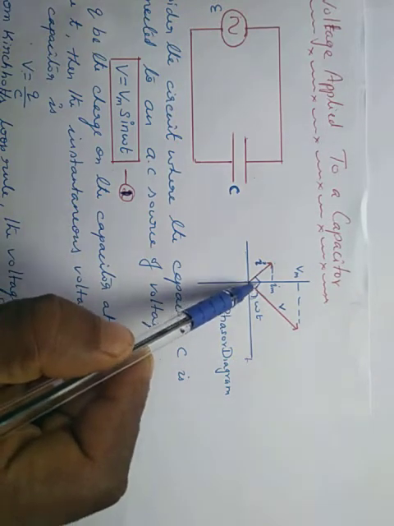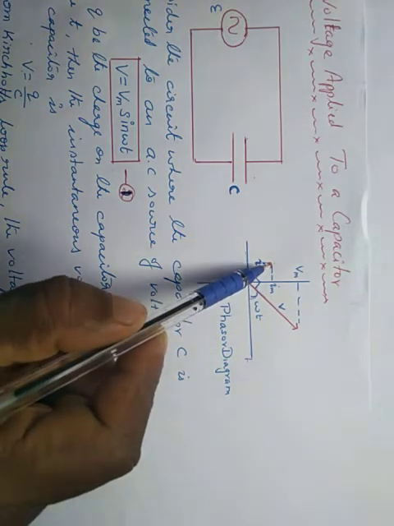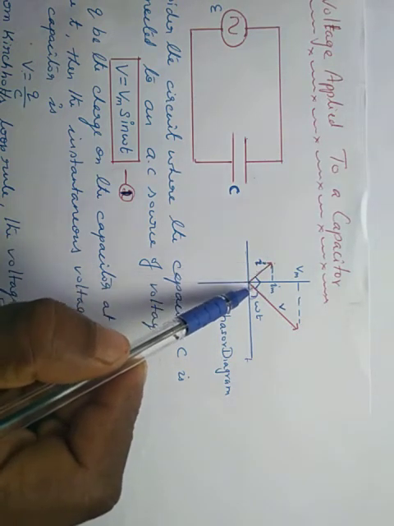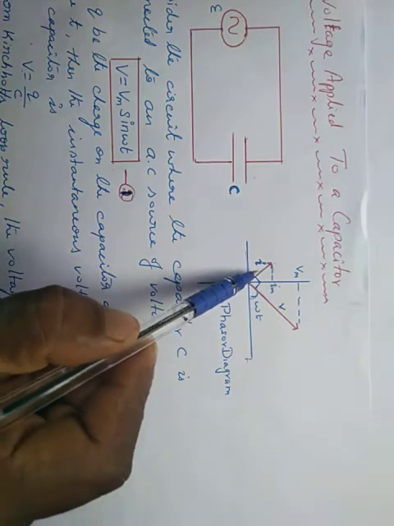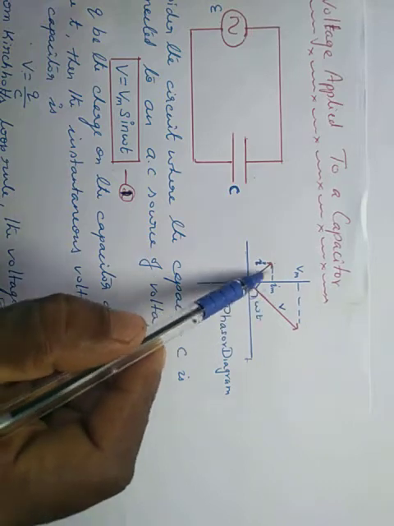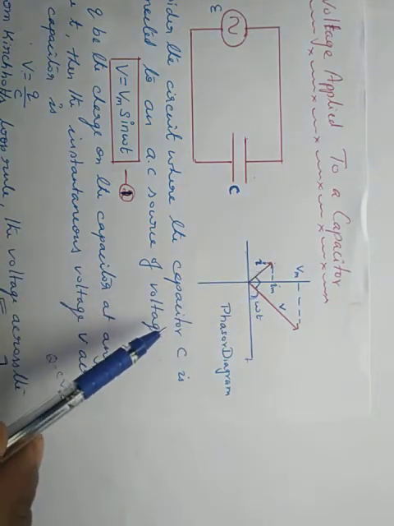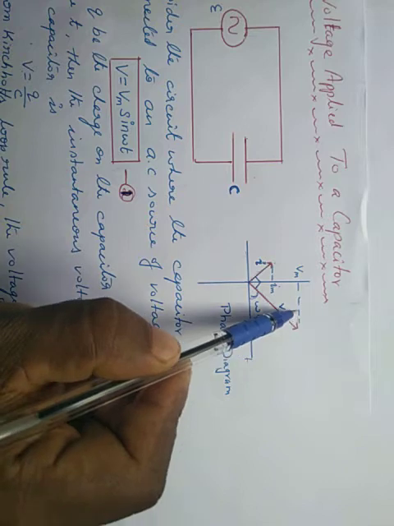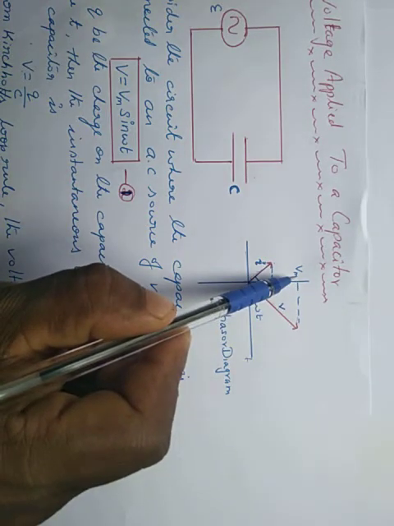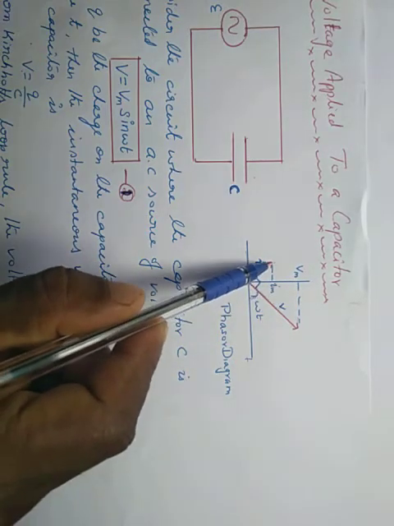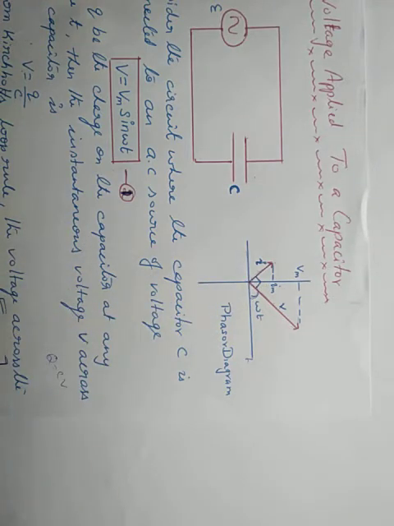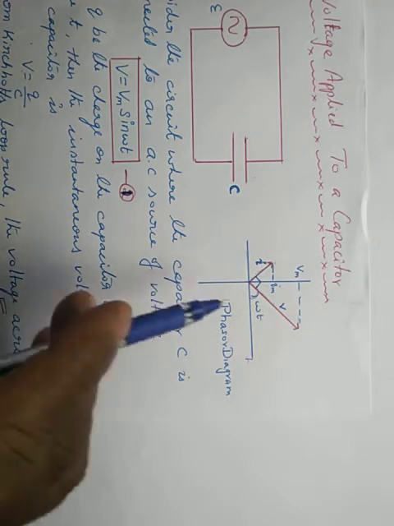So, it is clear from this diagram that the current leads the voltage by pi by 2, or you can write that voltage lags behind the current by pi by 2. Then you have to mark the maximum value of the voltage, Vm, the amplitude of the voltage, and the dotted line represents Im, the maximum value of the current, that is the amplitude.